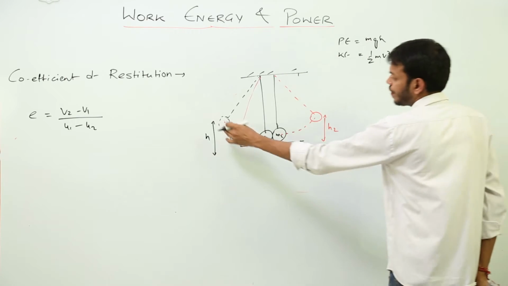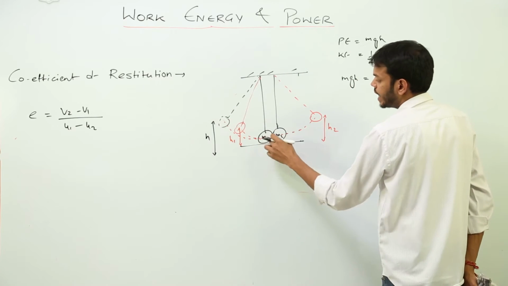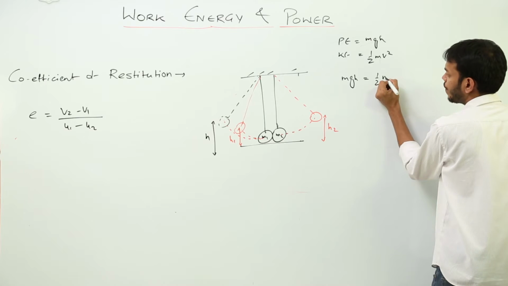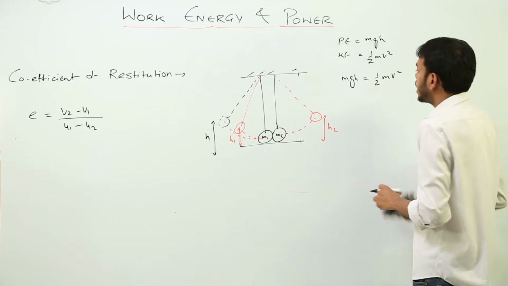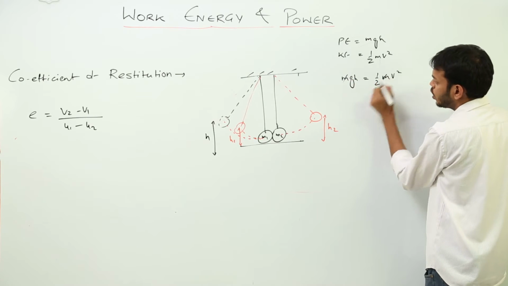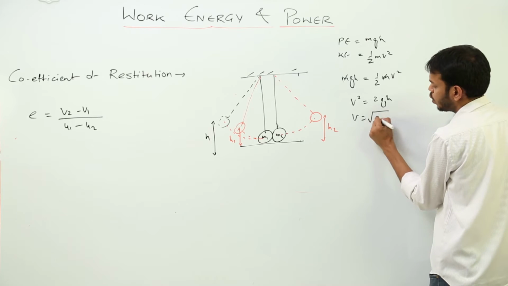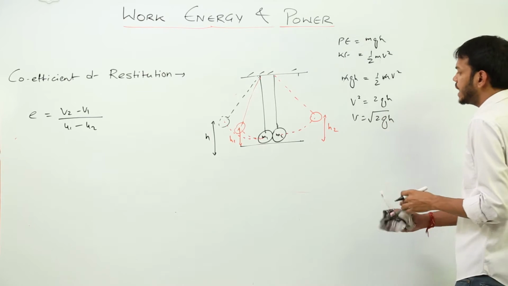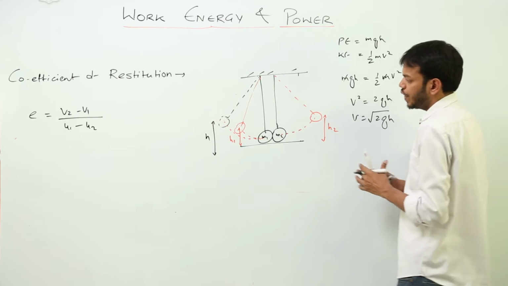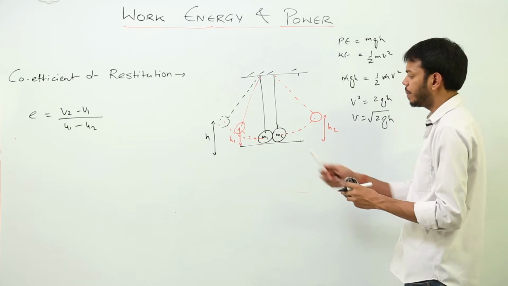So if this is the height, mgh will be equal to the kinetic energy at this point, which is half mv square, right? So mgh, m cancels out, so we get v square is equal to 2gh, or v is equal to under root 2gh. So this is the initial velocity with which this body strikes the mass m2.